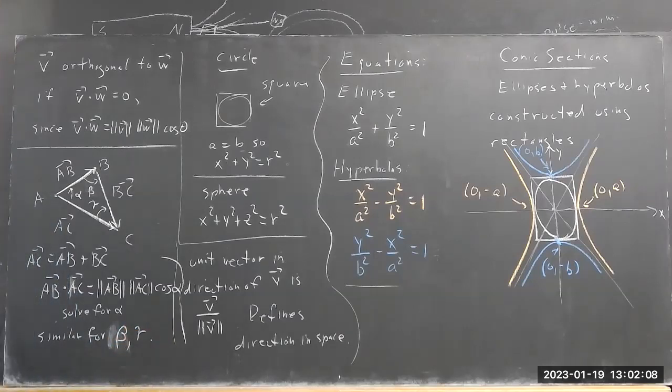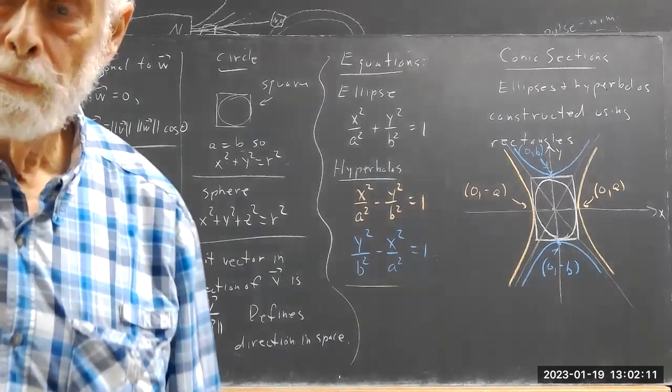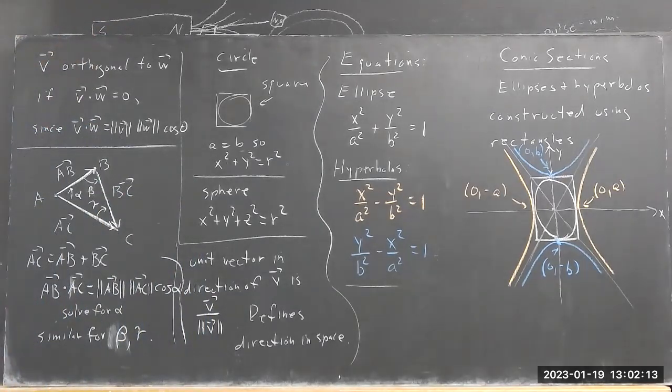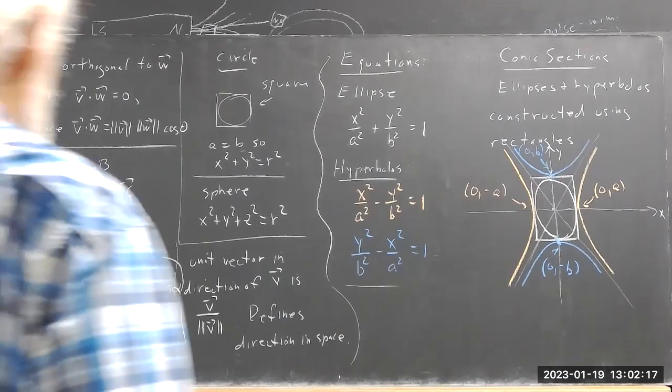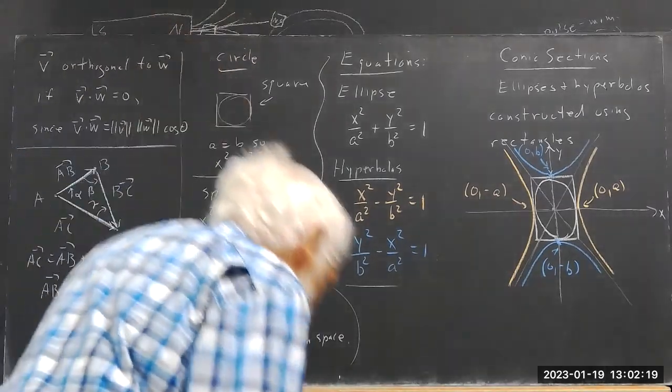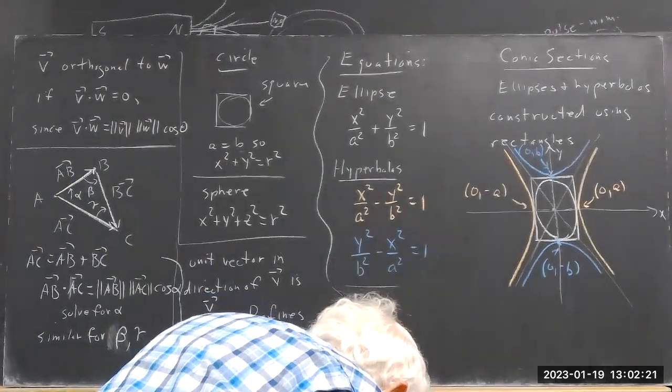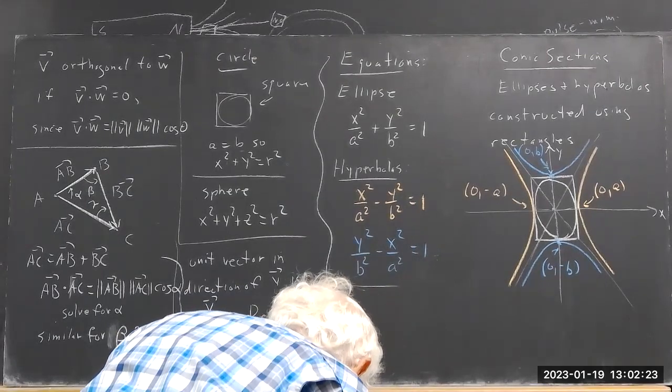And similar for beta and gamma. It's kind of a neat idea. Not too difficult. Okay. Big deal.